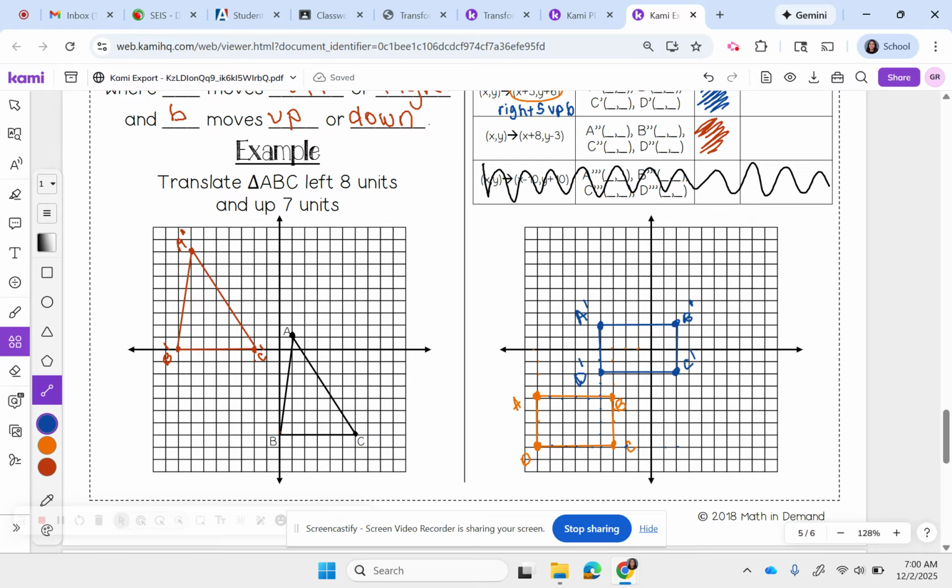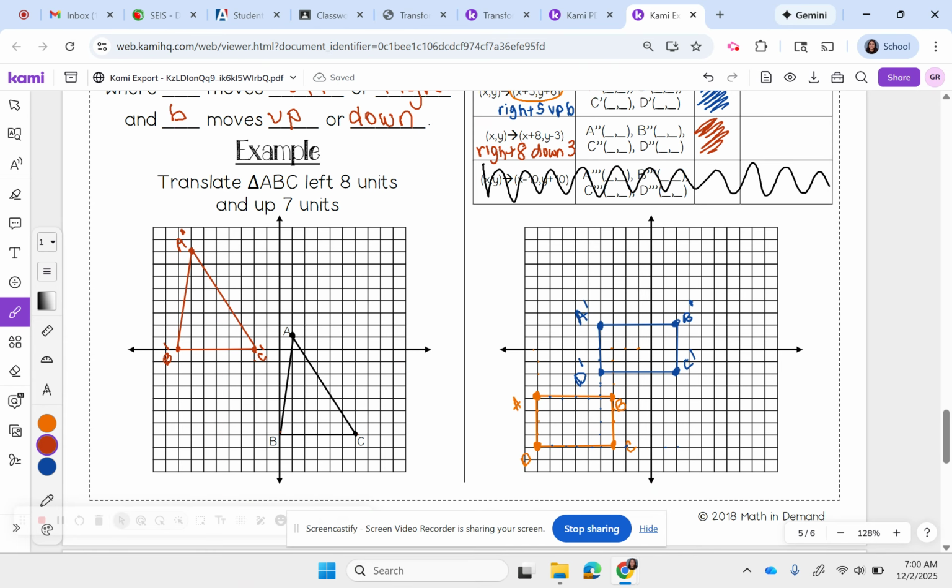And then they want us to translate our new image, so this blue one, into a third one. Let's write down what changes it wants us to make. It says x plus 8. Remember, plus means right, so I'm going to go right 8. And then it says y minus 3. So minus on y is down 3.